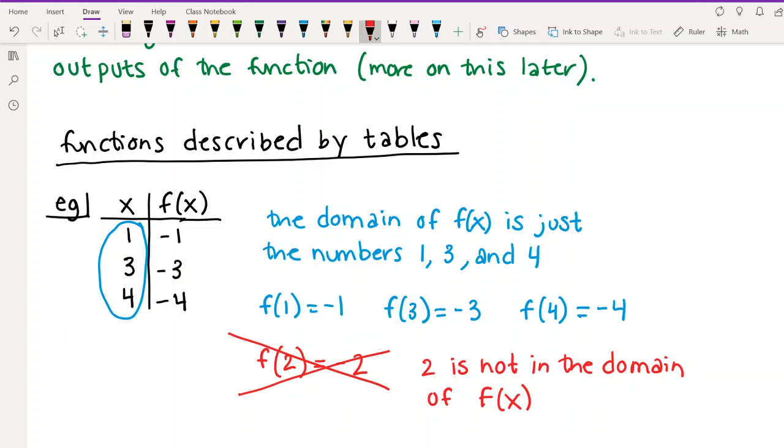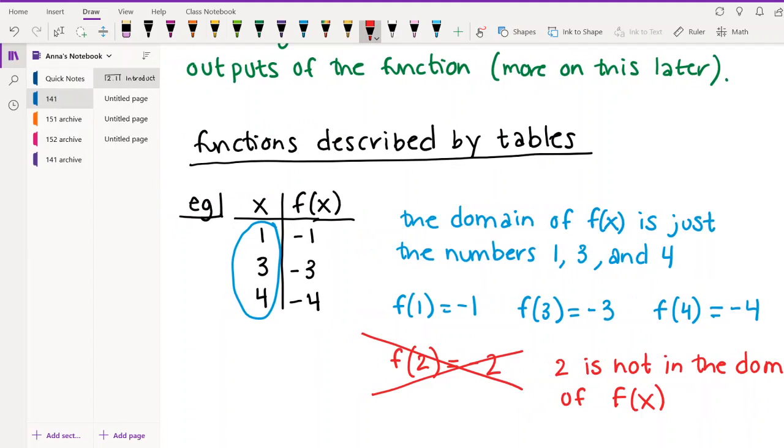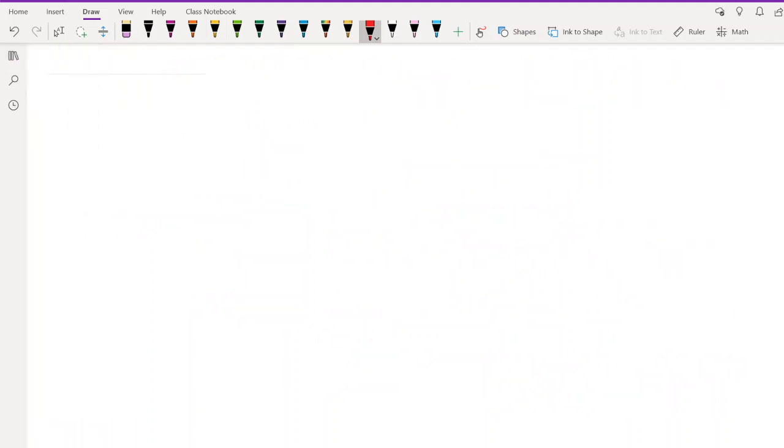So again, we just don't deal with functions defined by tables as much as with formulas, but I just wanted to mention this because it's an interesting counterexample: when you're dealing with tables, you're really just dealing with a few specific numbers as your inputs. Whereas, as we'll see in the next few examples, when we're dealing with functions described by formulas, our domains are going to include way more numbers.